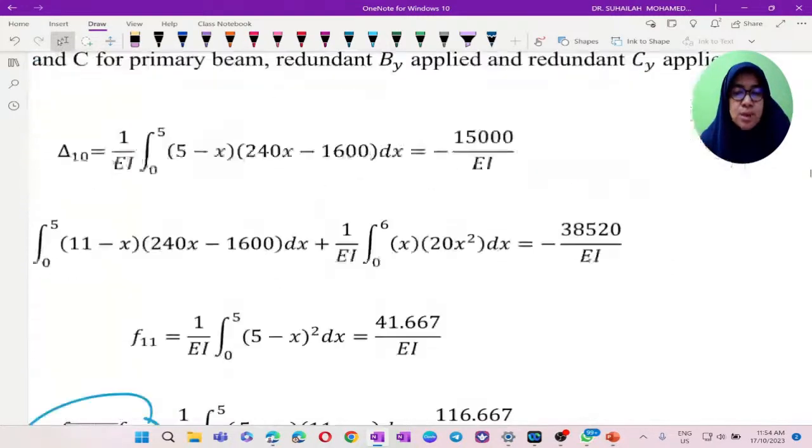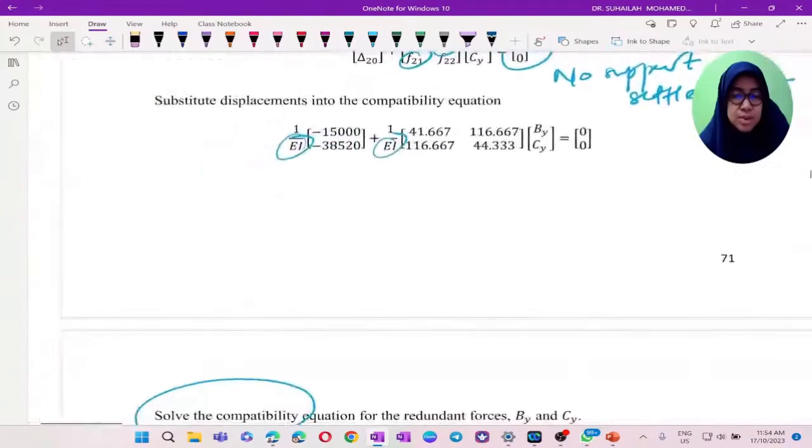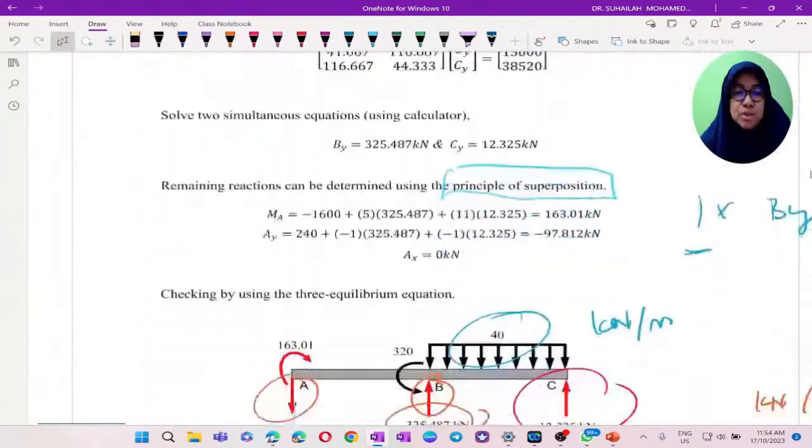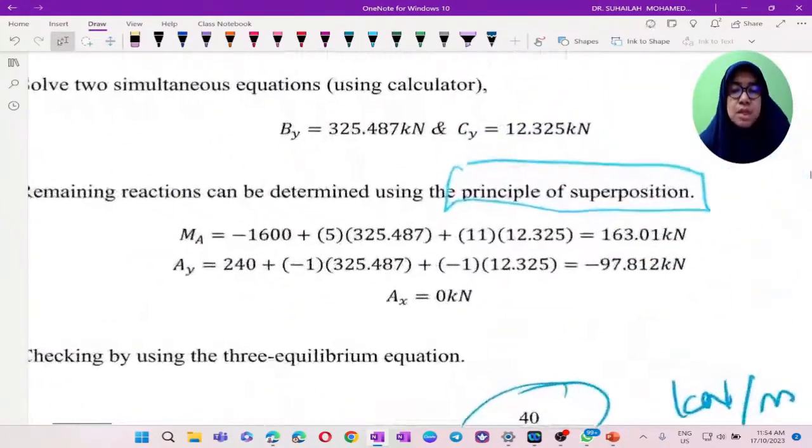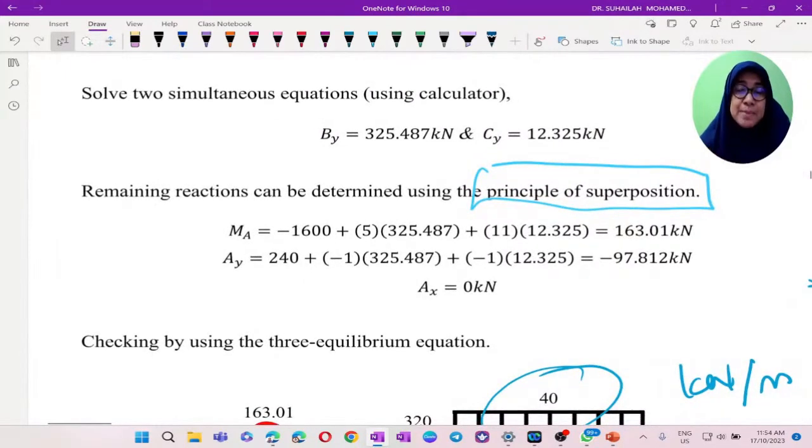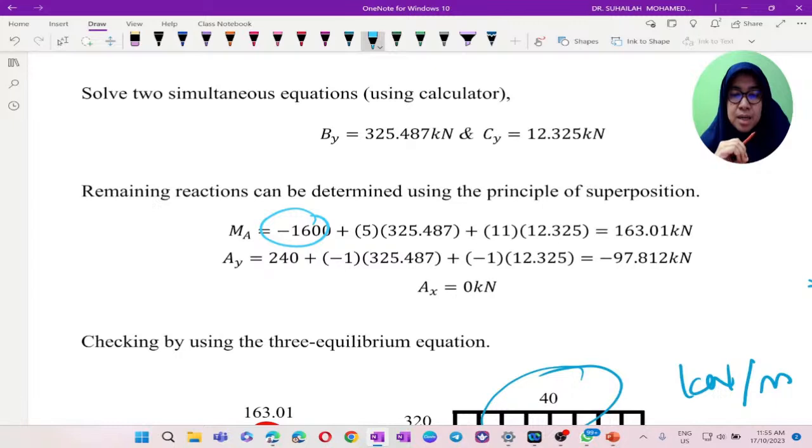So we use the principle of superposition, not only for the compatibility equation, but also to calculate the remaining reactions, and this is easier than using the equilibrium equation.